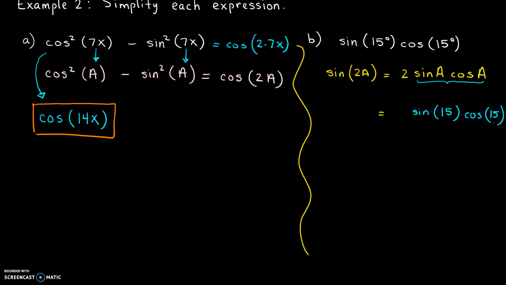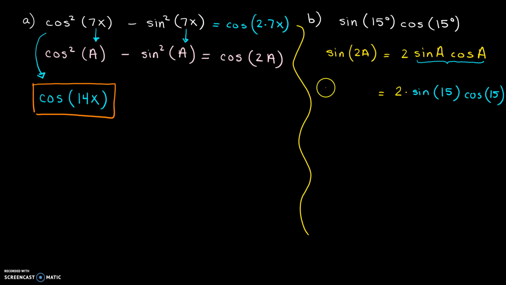And so what I want is I need a 2 to be here. So if there was a 2 here, then this would definitely equal sine of 2 times a. Now I just need to think about what is my a here. Sorry, 15 degrees. And so it looks like a is going to be 15 degrees, and so I'm going to go ahead and fill in the 15 degrees there.